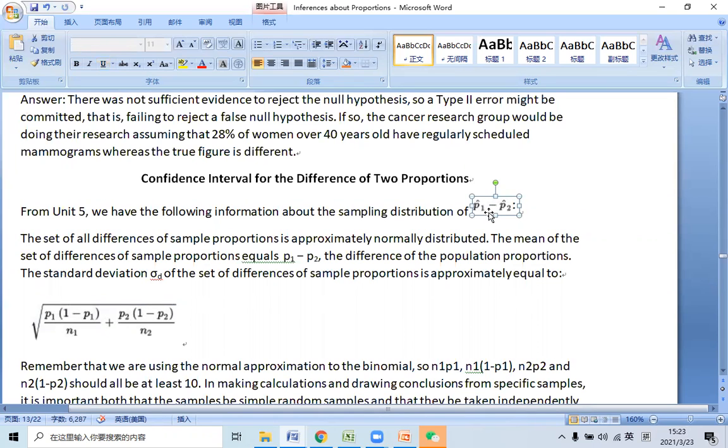Proportion 1, that was from the Middle East, 0.302. Proportion 2, that was from Latin America, slightly larger, 0.345. That is the difference.